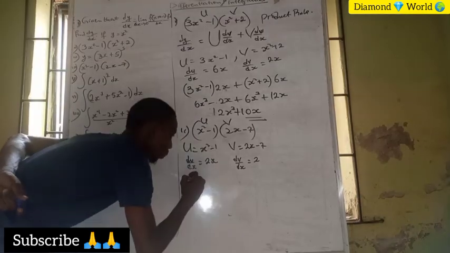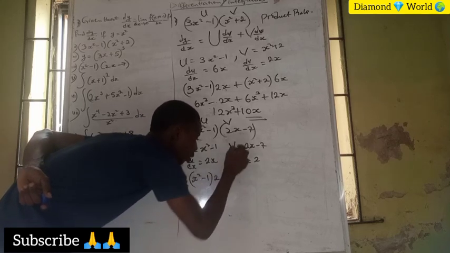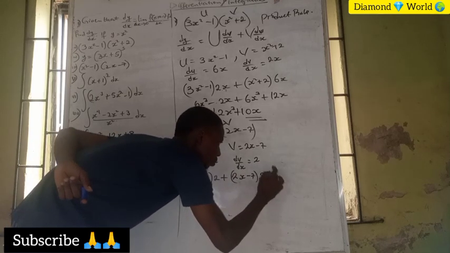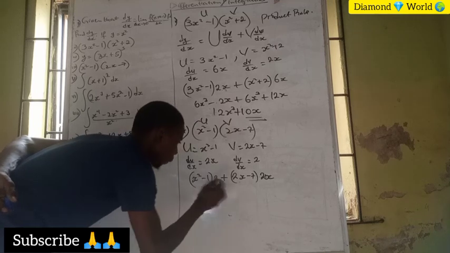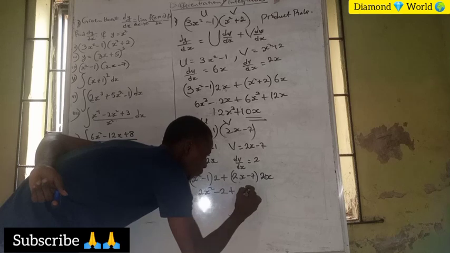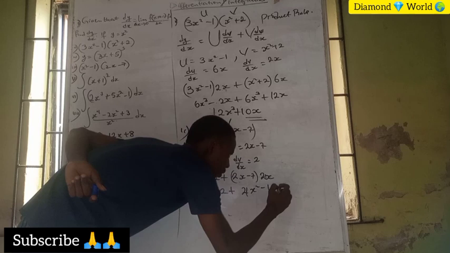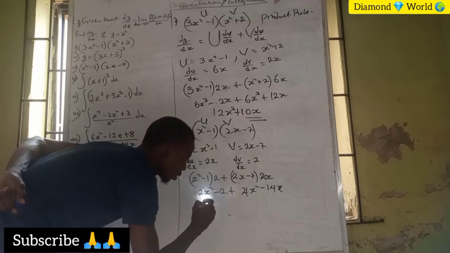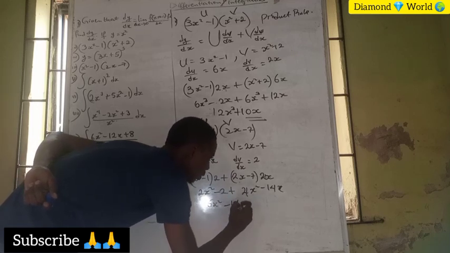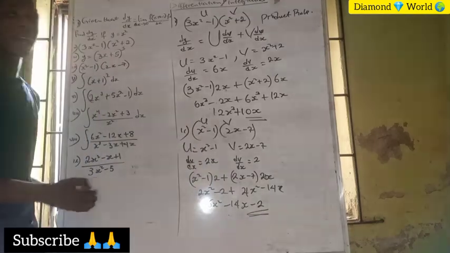Now you write down your x squared minus 1 times this 2, plus your v, 2x minus 7 bracketed, times 2x. Open your brackets, I have 2x squared minus 2 plus 4x squared minus 14x. When I sum everything together, I'll have 6x squared minus 14x minus 2. This is my answer.